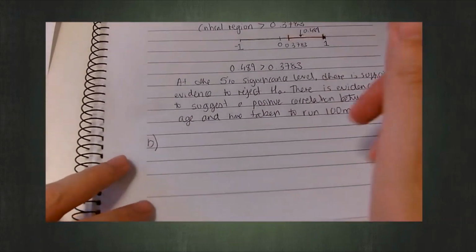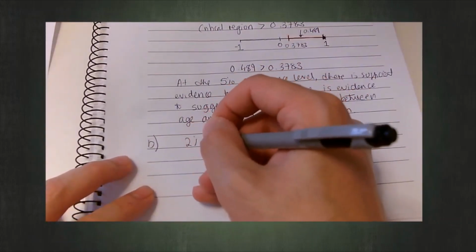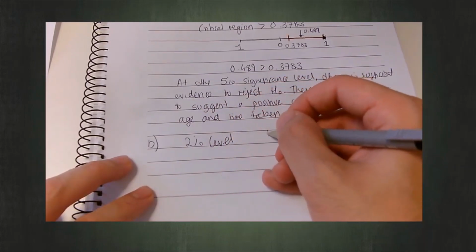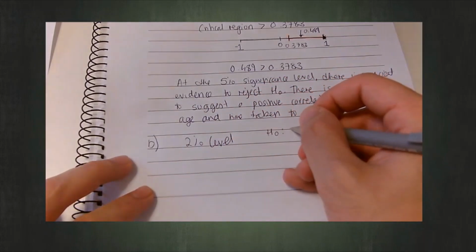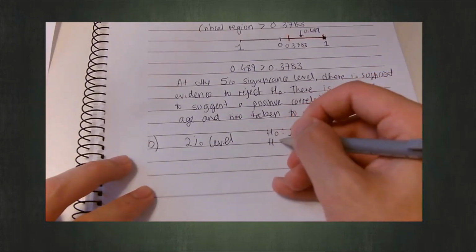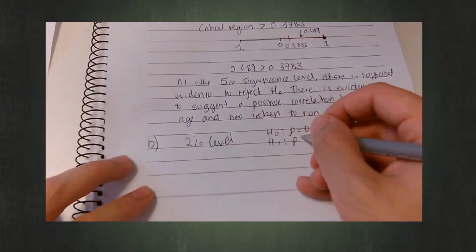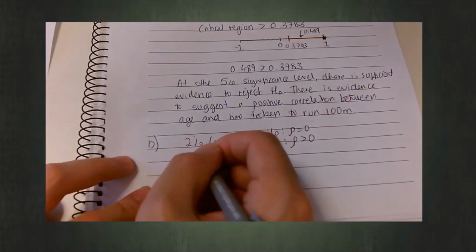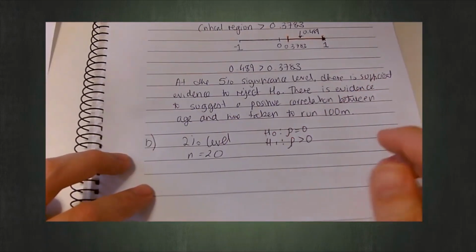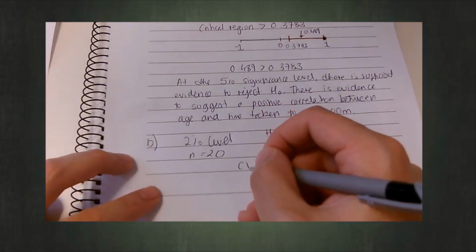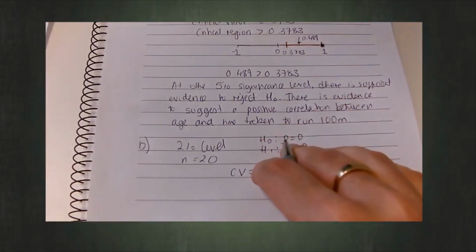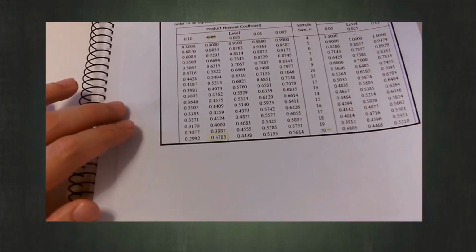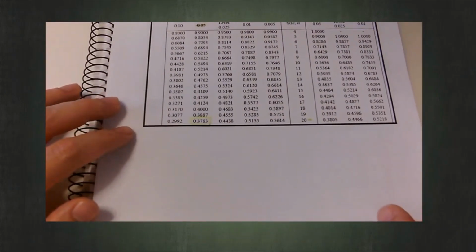What happens in part B, a 2% level? Well, at 2% level, I'm going to keep the same hypotheses, and the sample size is still the same. Let's see what happens now. The critical value, I'm just going to write CV. When I look at 2%, it doesn't seem to be there.